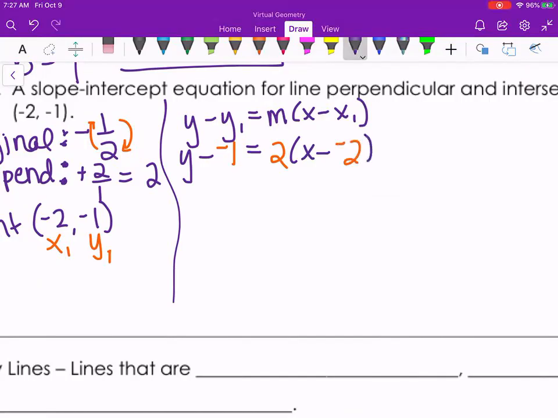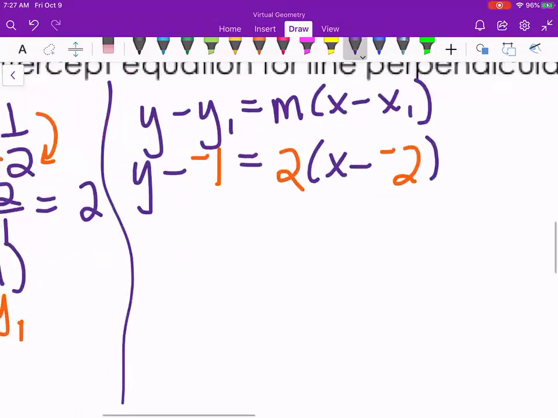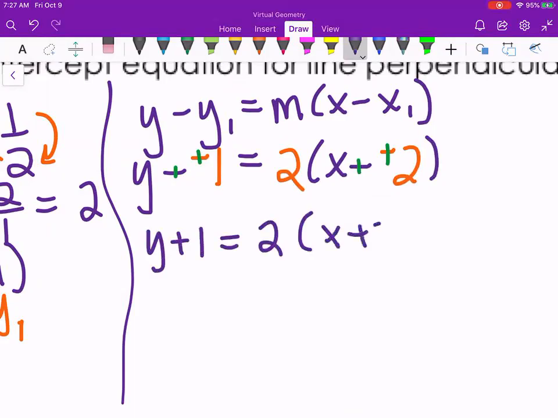All right, so let's clean this up a little bit. Minus the negative, remember, becomes a plus, and we've got 2 of those this time. So really we have y plus 1 equals 2 times x plus 2.